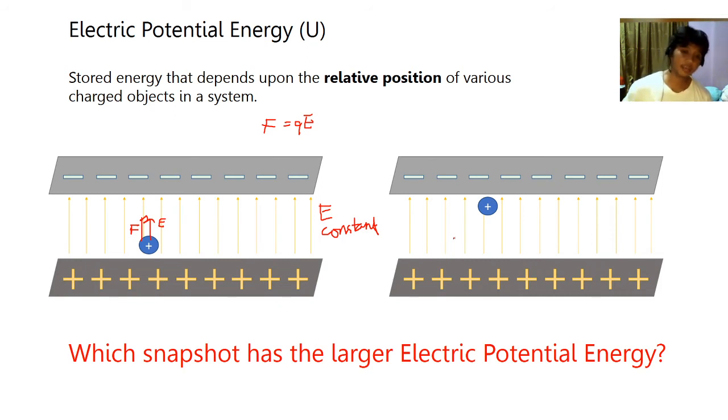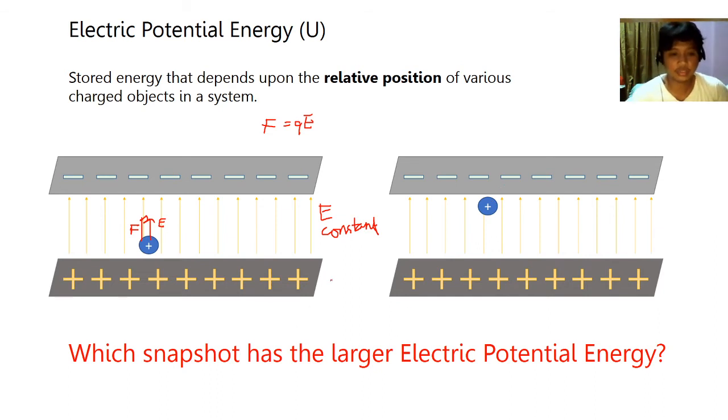The system here is composed of the metal plates causing the electric field and the charged objects. And here on the left picture, the charged object is closer to the positive plate, and here on the right picture, the positive test charge is closer to the negative plate.